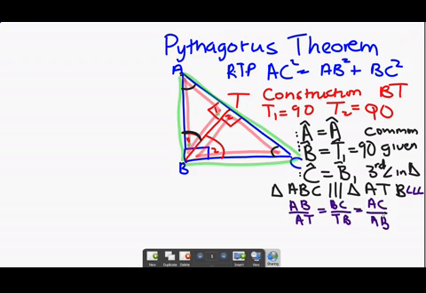The only way we can get a square is by taking the first ratio and the last ratio. As you can see, they both have AB. So it's AB over AT is equal to AC over AB.